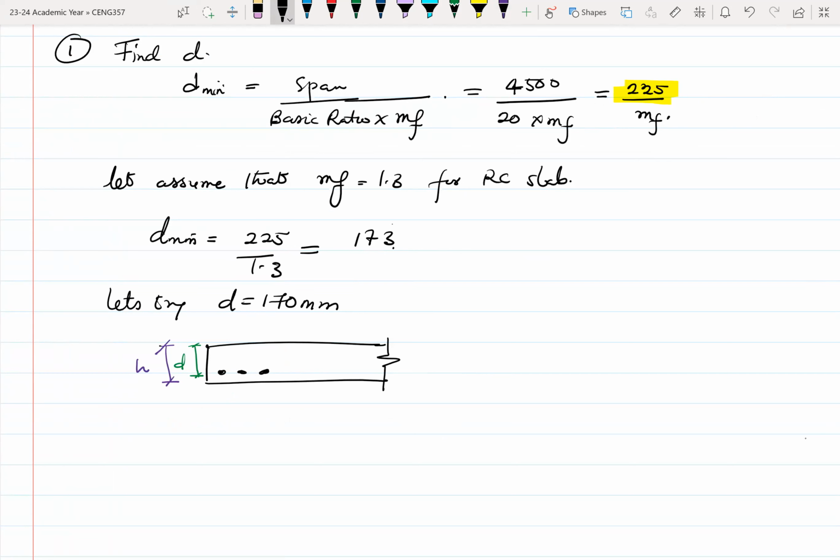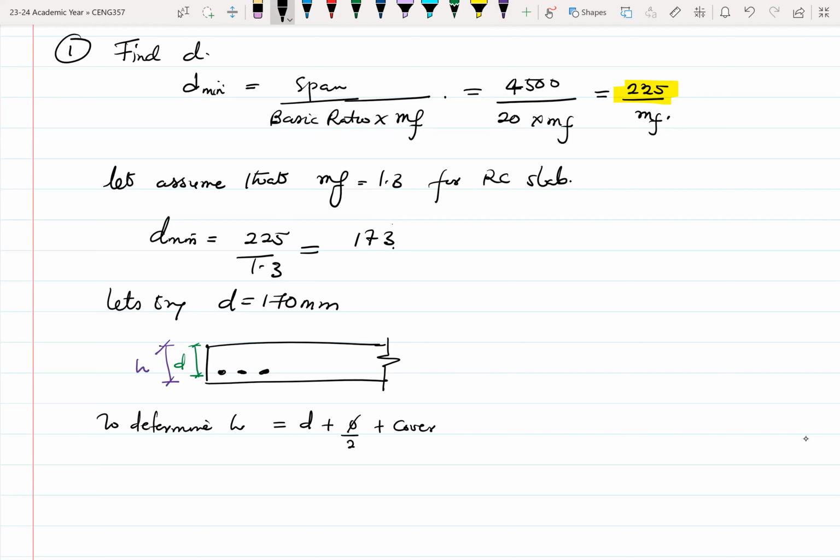Okay. So to determine H, which is the height of the slab, H will simply be D plus half the diameter of the rebar plus the cover.